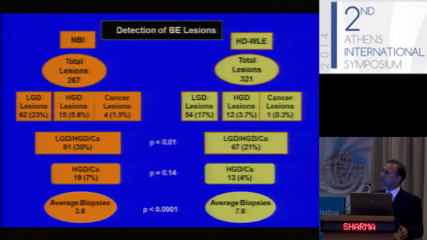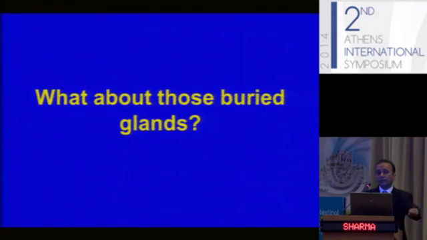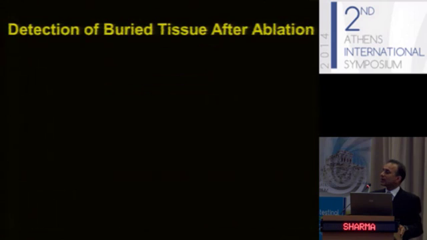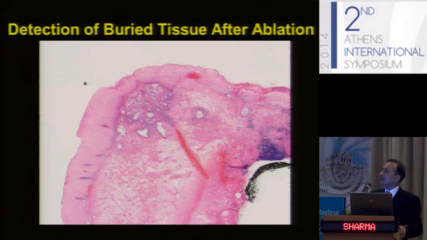So what's clear is that we can do targeted biopsies, whether by using just high-definition white light endoscopy or by using electronic chromoendoscopy. We will hear about endoscopic therapy, and I think it's important to recognize that you can get some tissue beneath the Barrett's squamous mucosa, which is now ablated.